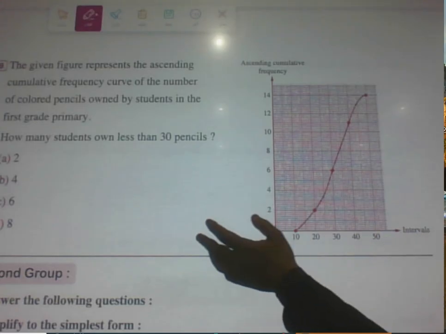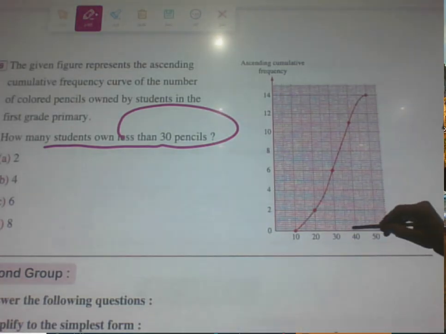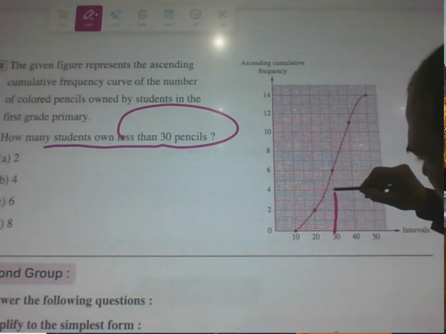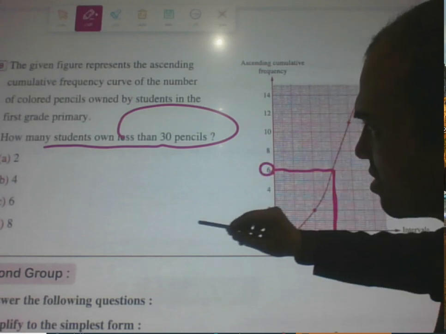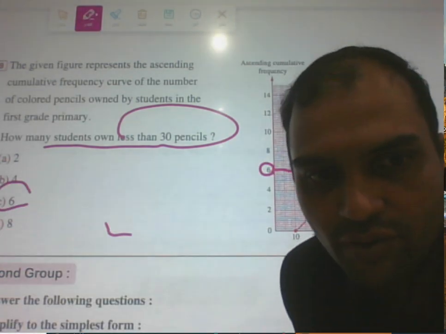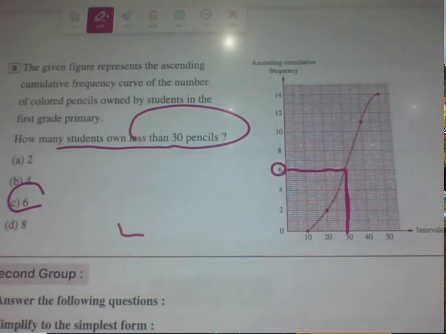Now he asked how many students own less than 30 pencils. Less than 30 goes here to the number 6. The answer here will be 6. Okay? Understood? This is the answer to this question.